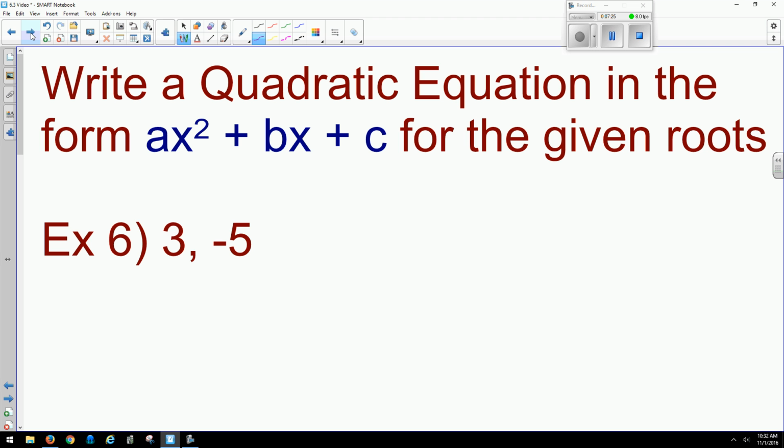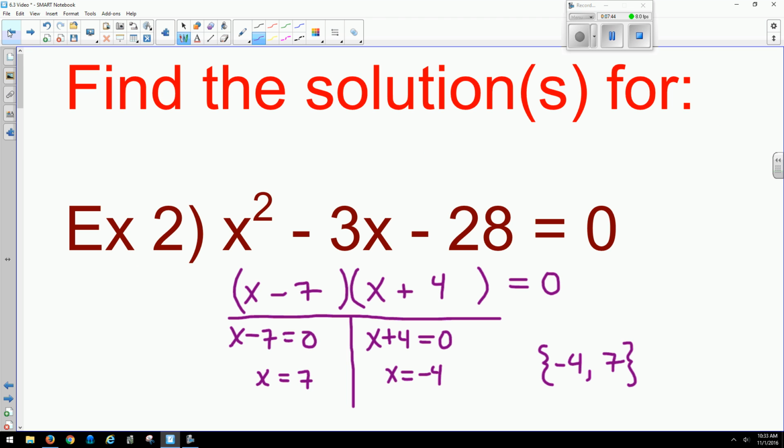So now we get into a different type of problem involving quadratic equations. So this wants us to write a quadratic equation in the form of this. It should be equals 0 on the end of this for the given roots. So we're sort of going to work our way backwards. So before we do that, I just want to go back just a minute. And so now our starting point is going to be here.